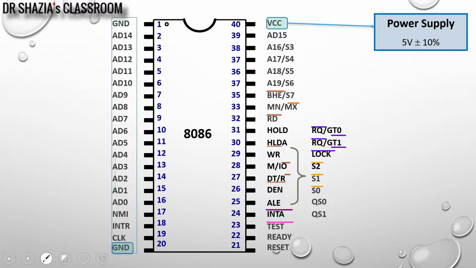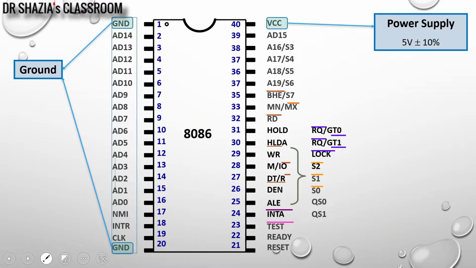VCC is the voltage supply for the 8086 processor and it is 5 volts in this case. Along with VCC, the next pin required for the operation of the processor is the ground pin. We have two ground pins in this case, pin number 1 and pin number 20.